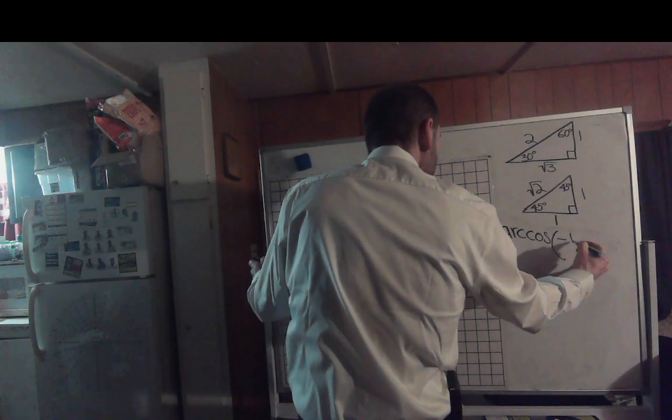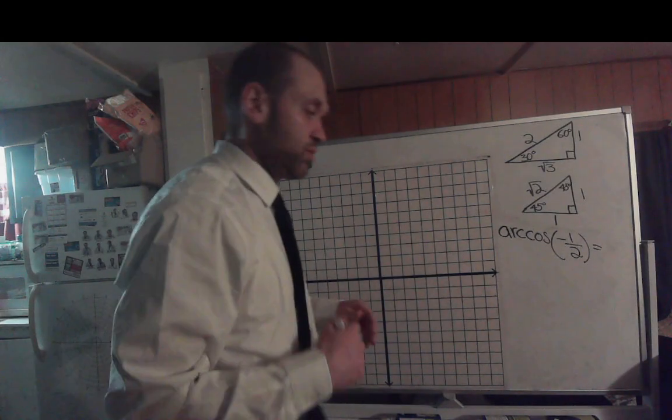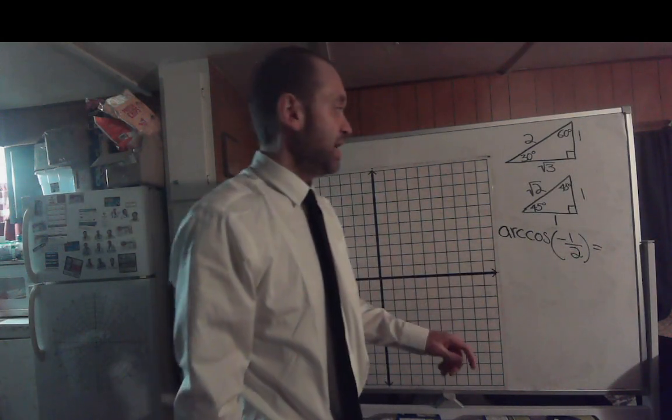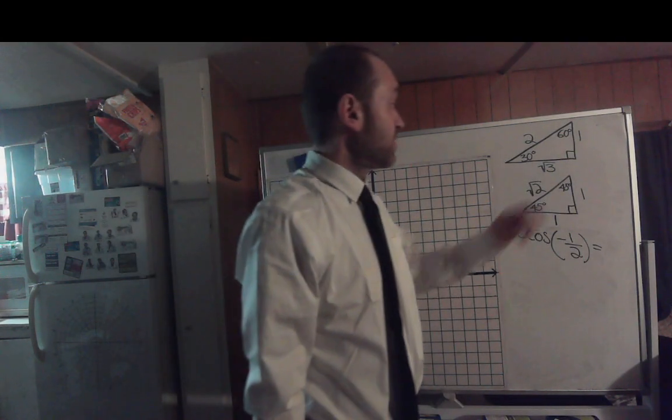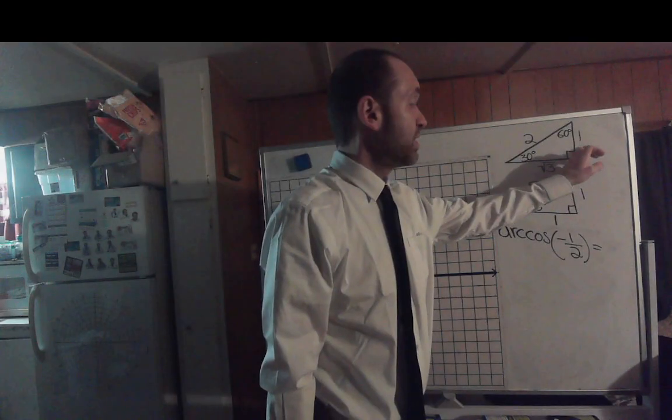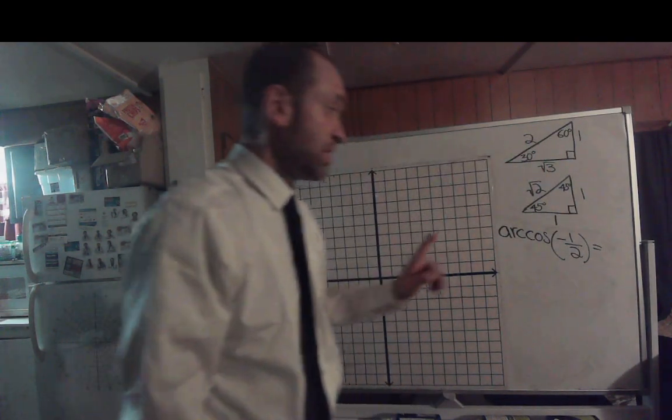Arc cosine of negative 1/2. So what angle gives us a cosine of negative 1/2? If you look at your 30, 60, 90 right triangle, the cosine of 60 is going to be 1/2.